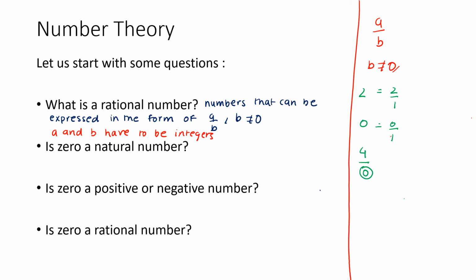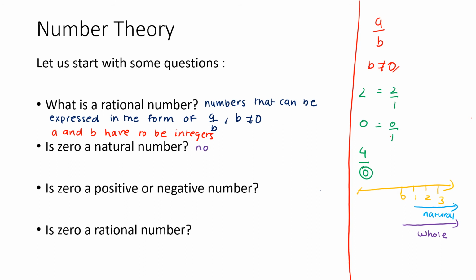The next question: is 0 a natural number? Well, if I make a quick sketch on the right here, we did this thing where 1, 2, 3 to positive infinity is natural, and from 0 to positive infinity, it's whole. So the answer is no, 0 is not a natural number.